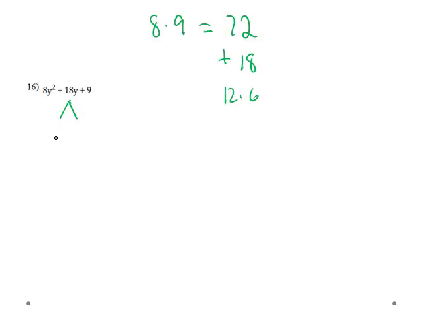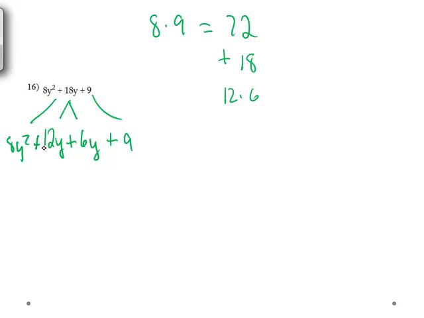That'll work. So we split the middle term up into 12y plus 6y, bring down the last term, plus 9, bring down the first term, 8y squared.